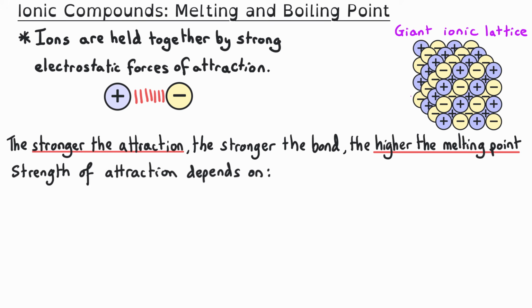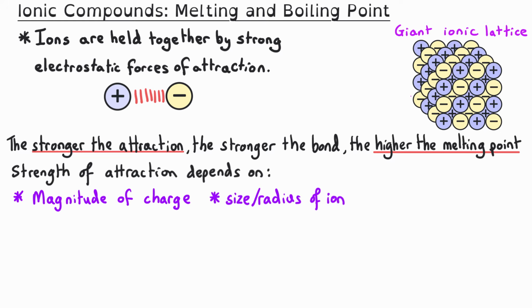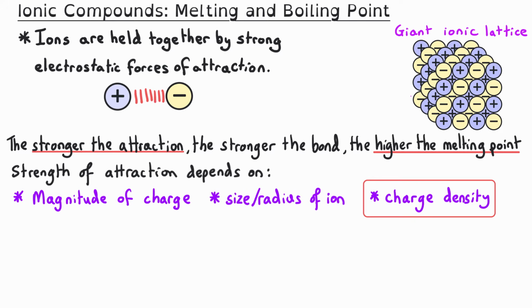And the strength of this attraction between ions depends on 2 main things: the magnitude of charge of the ions and the size or radius of the ion. These 2 ideas can be combined into one concept called charge density, which literally refers to how densely packed the charge is for an ion, or how concentrated the charge is for an ion.